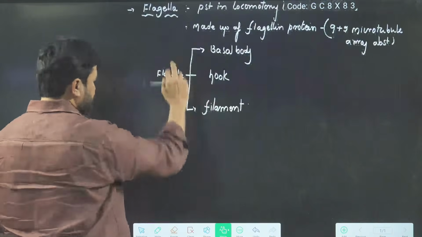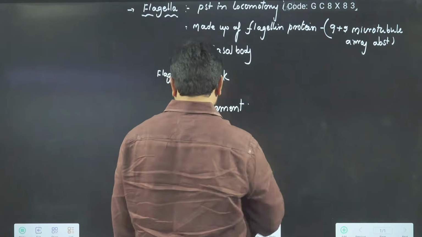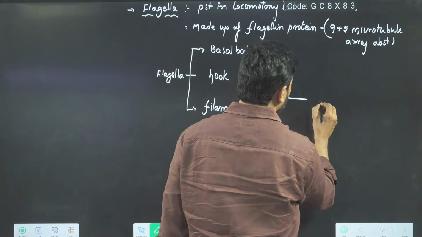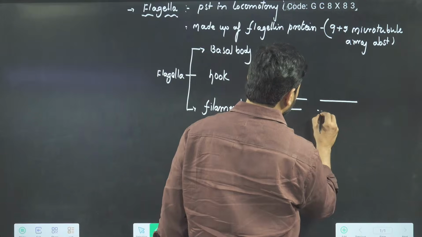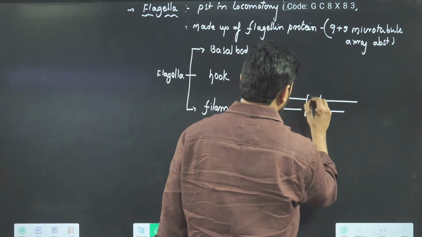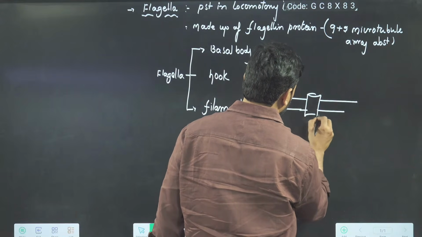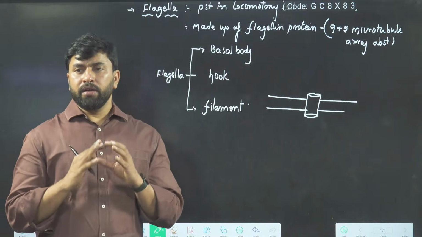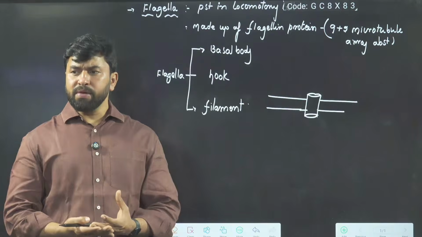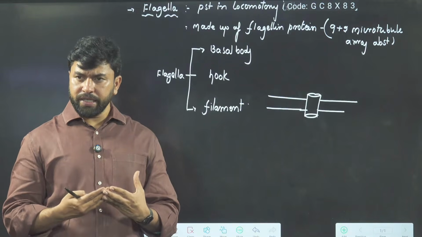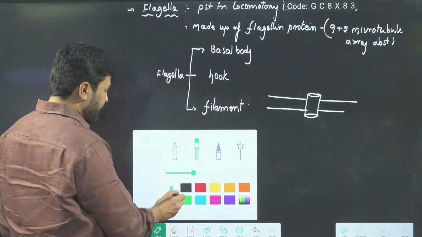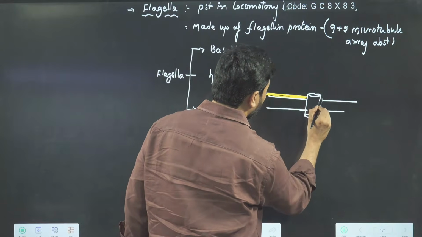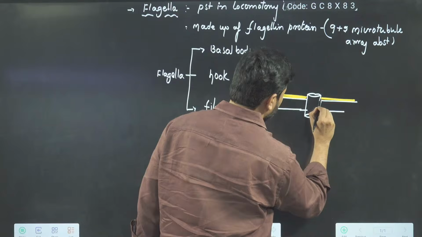In this case, the first one, the basal body, where is it present? The basal body is present in the plasma membrane. Within the plasma membrane, there will be a presence of basal body. This is the basal body, for example. Actually, from the plasma membrane, the basal body originates. Gradually, it will cross the cell wall, and also the glycocalyx if present.